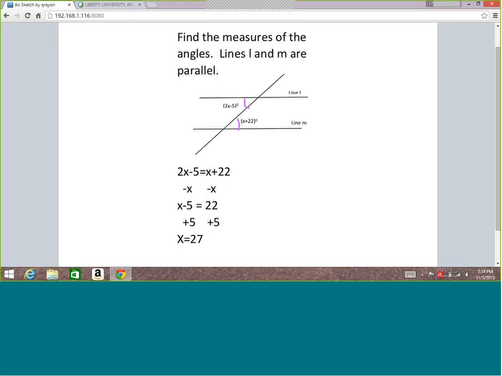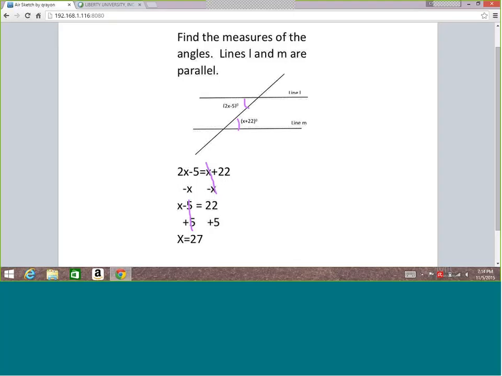So I know these are equal, so I can write an equation setting them equal to each other, and this time I moved x over to the left, so that's gone, and then I moved the numbers over to the right, so I added 5 to both sides, and I ended up with x equals 27.